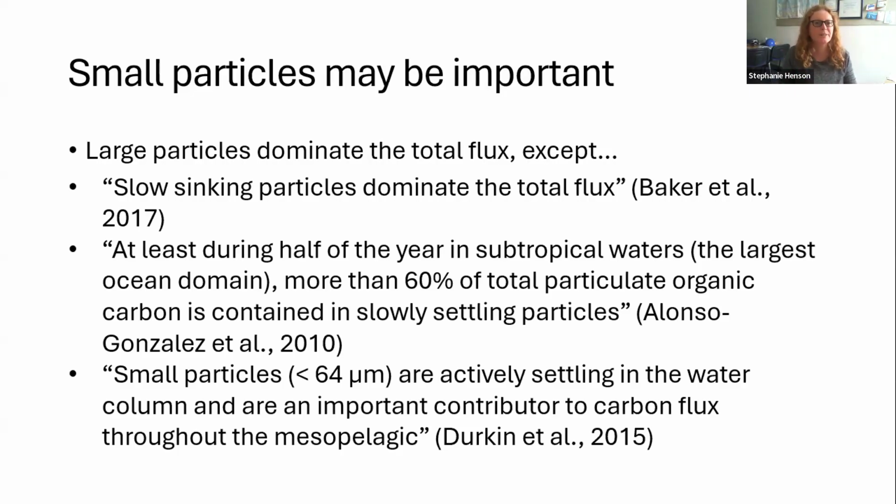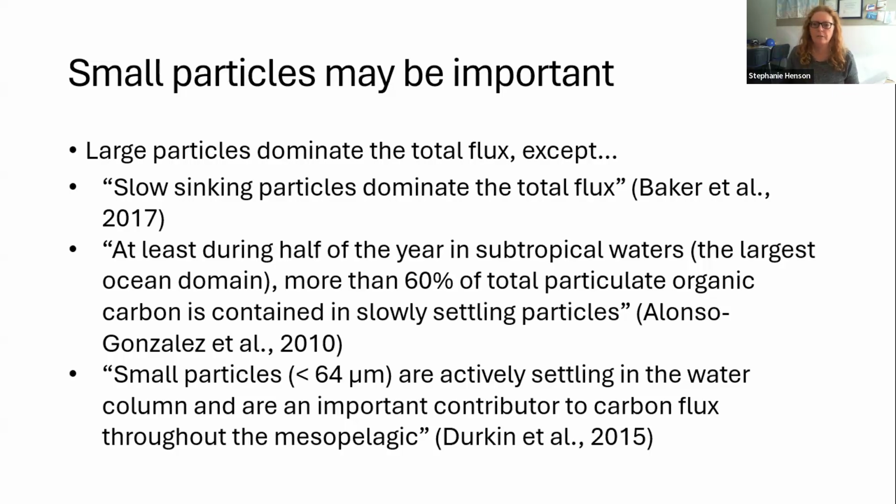Slow settling is not the same as small, but for the purposes of this, let's just assume it is initially. And Colleen Durkin found back in 2015 that small particles were actually actively settling in the water column. They weren't just hanging out, they weren't just suspended, they were actually settling. And she concluded that they could be an important contributor to carbon flux throughout the mesopelagic.